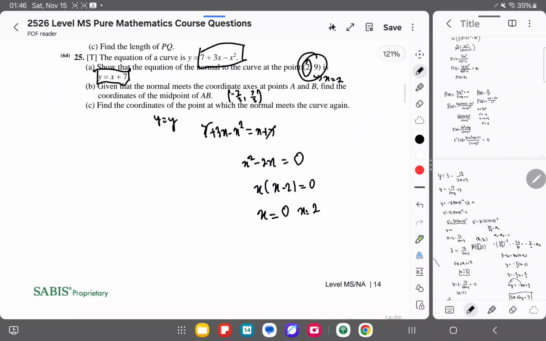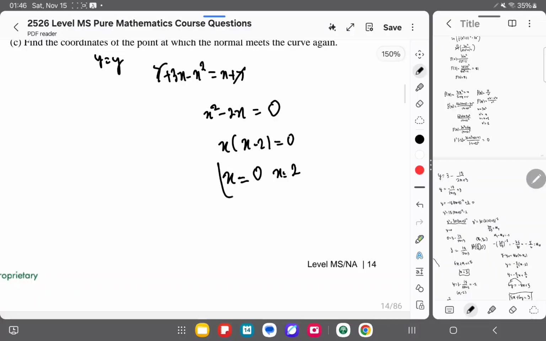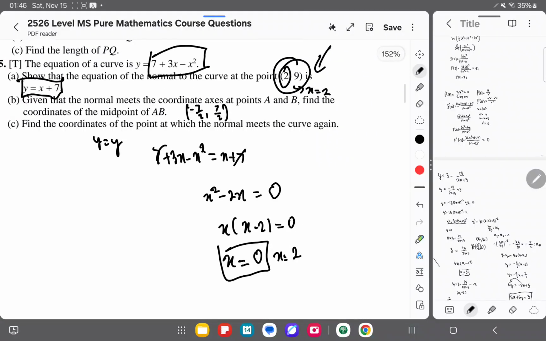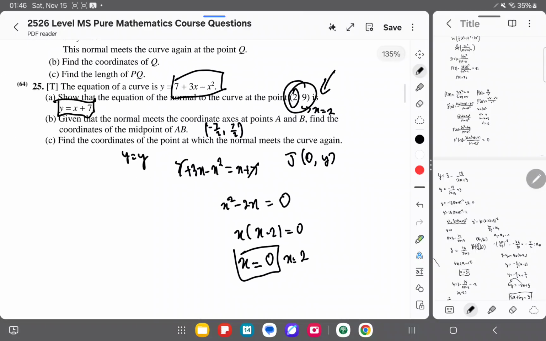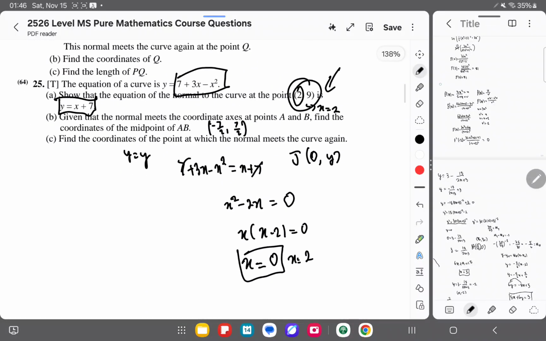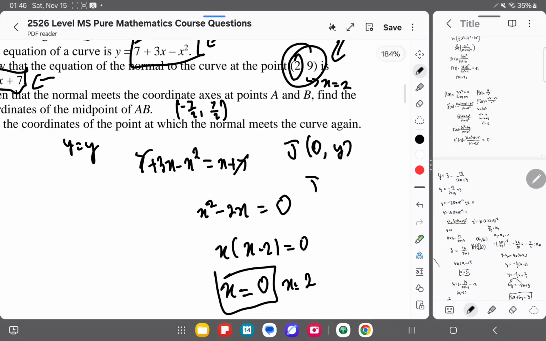One point is already given, x equals 2 here, so we have to pick x equals 0. We don't know the exact name of this, I guess we can call it j. Now we just have to find the y of this coordinate, and to do that we can plug it into either of the two formulas. We pick the easier one. They're both easy. You get 7. So j is 0, 7.